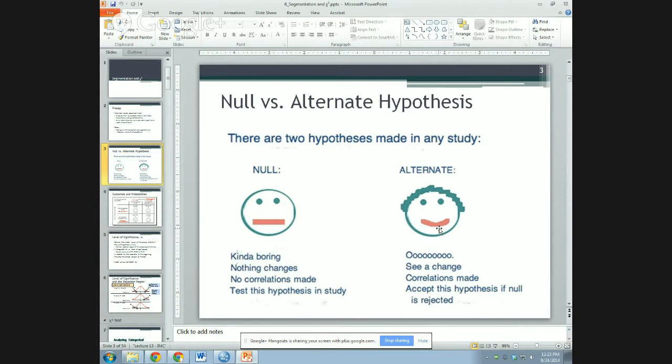So typically when we formulate alternate hypotheses, we formulate them as saying there is a difference. And if we reject the null, then we typically accept or find support for the alternate hypothesis. So this is the reason why we use a null hypothesis, to falsify it, to say that there are no differences, no correlations, and so forth.